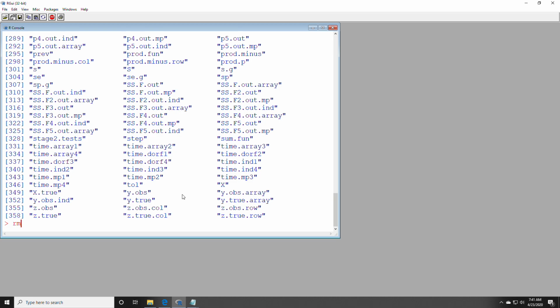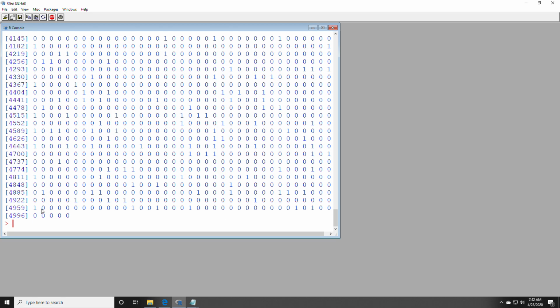It's unlikely probably to cause a problem for you, but just in case, if you want to clear all of this stuff, and for example, what is all this stuff? I'll just put like y.true, right? That basically means this is saved. So like y.true, this is a vector of 5,000 zeros and ones, okay?